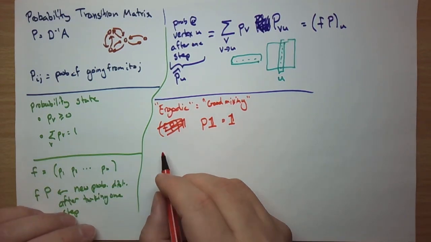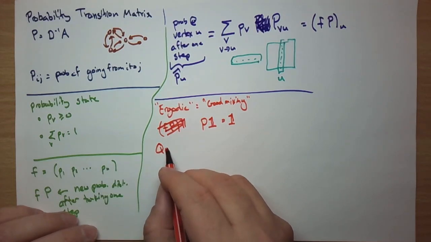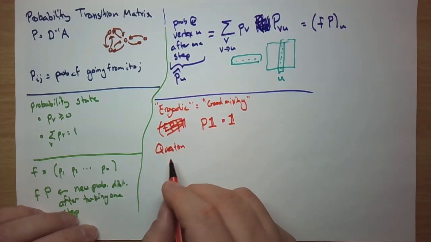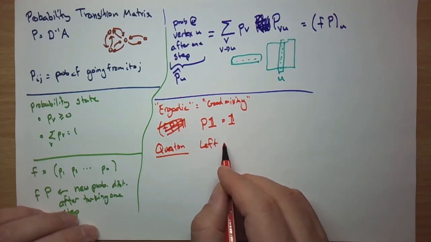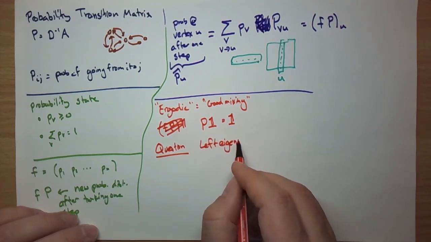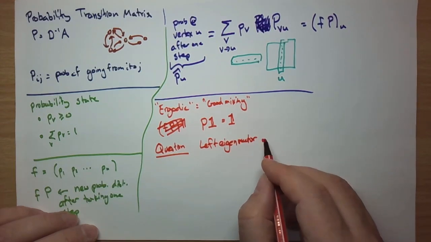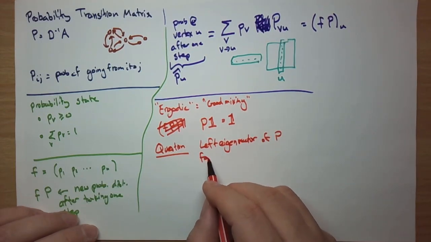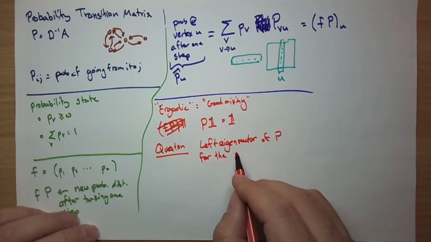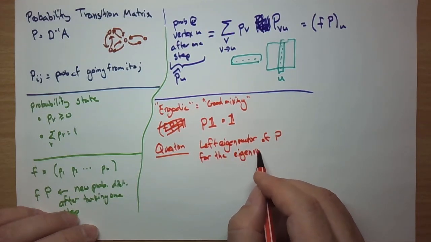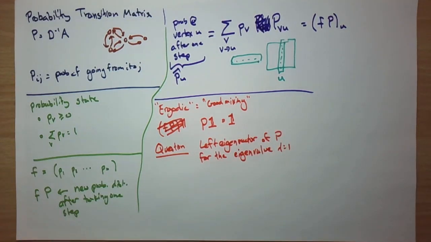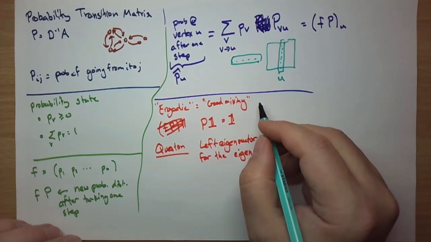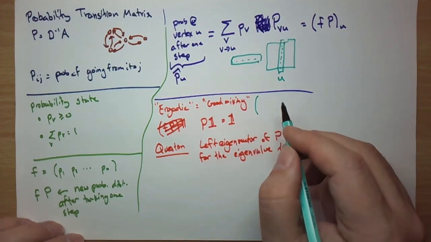So now our question, our query, is the left eigenvector of P, and in particular for the large eigenvalue, lambda equals 1. And I didn't say why we wanted ergodic.